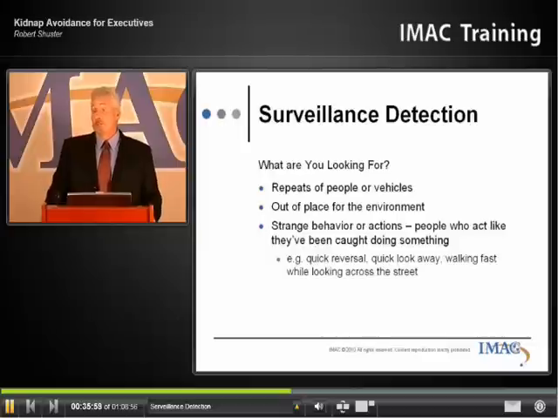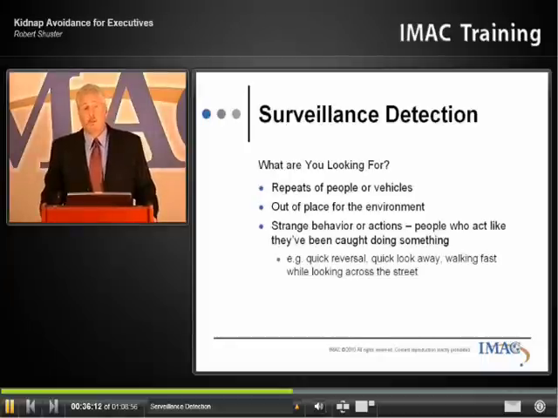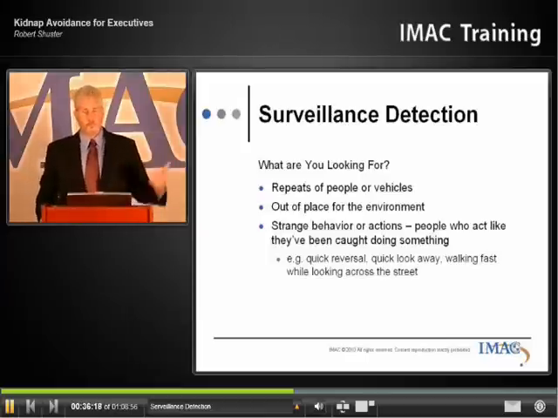Earlier in the presentation, I talked about the inherent paranoia that surveillance has. Many of them have this feeling, and you can use that to your advantage. They will act like they've been caught doing something if you look for that. Example being, you're walking down a street, you innocently turn around to look at something.